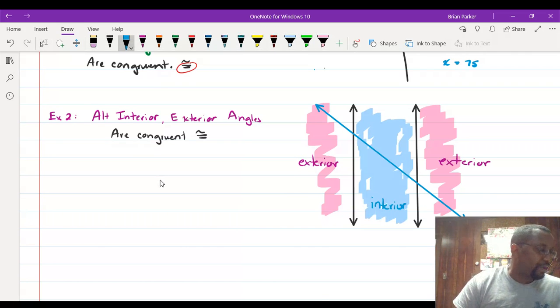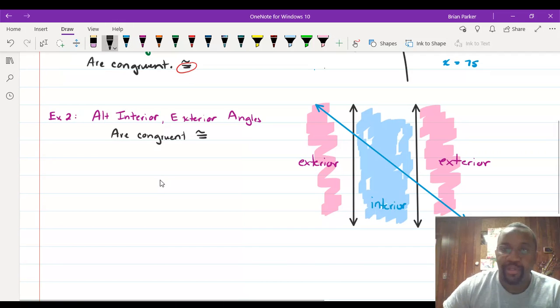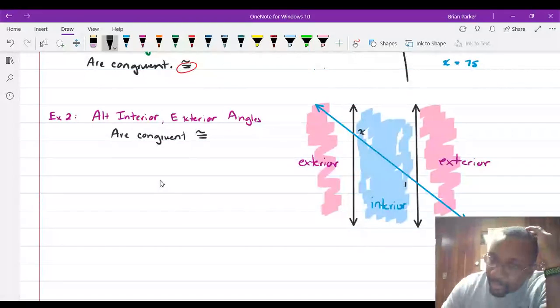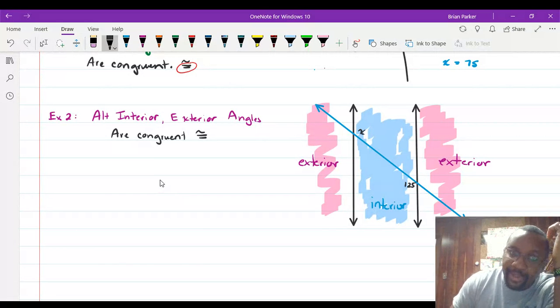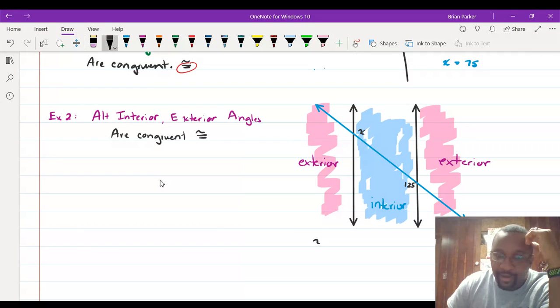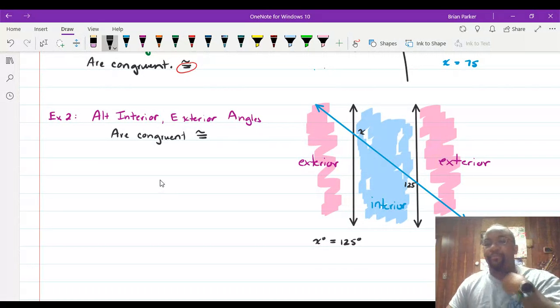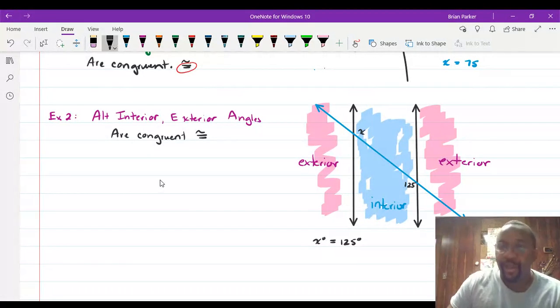If I told you, let's go back, that I'll call this angle X, and I'll call this angle 125, you could easily say that angle X equals 125 degrees, period, because those are alternate interior angles.